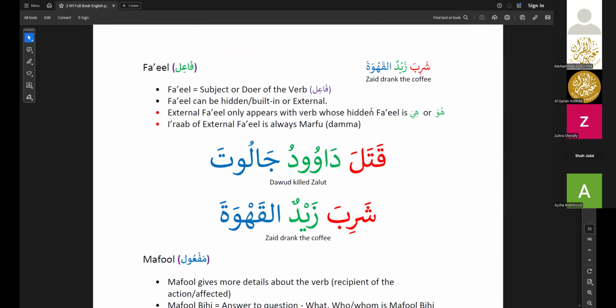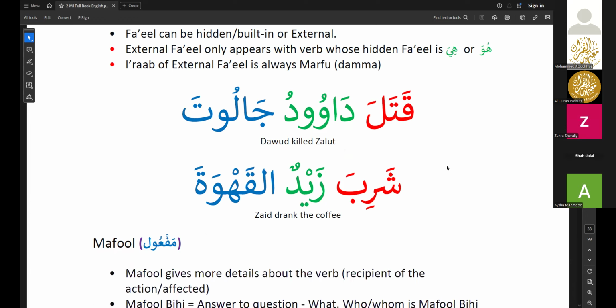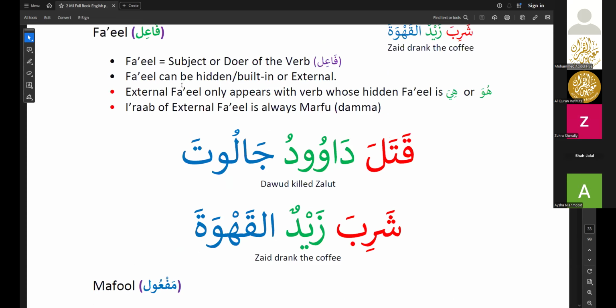We can say explicit fa'il has other names: hidden fa'il, built-in fa'il, internal fa'il, and explicit, which is external fa'il, implicit fa'il, or outside fa'il. These three are used in different regions across the world.